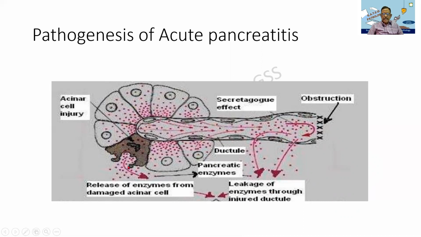Also, whenever there is an infection or an acinar cell injury, the enzymes are released, leading to damage. And in some conditions, there can be an increased amount of secretion, and these are not able to be emptied, so they again leak. So it can be acinar cell injury or obstruction, two things leading to leakage.